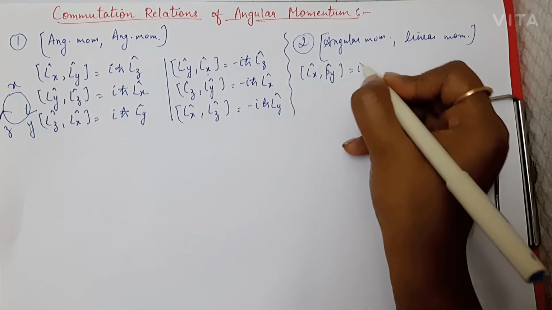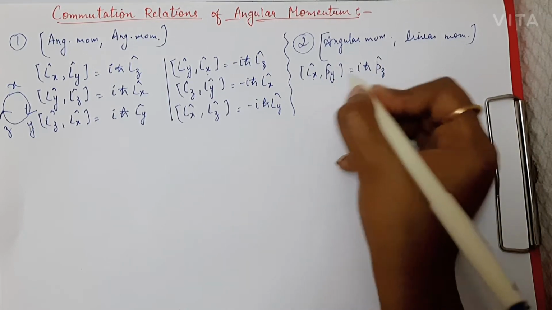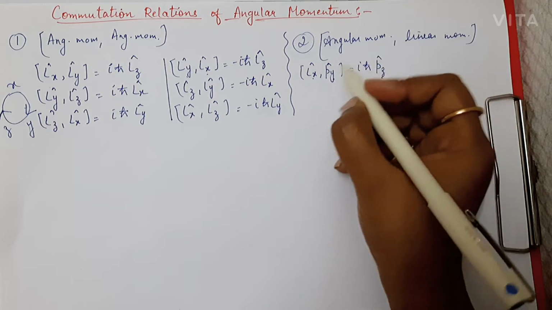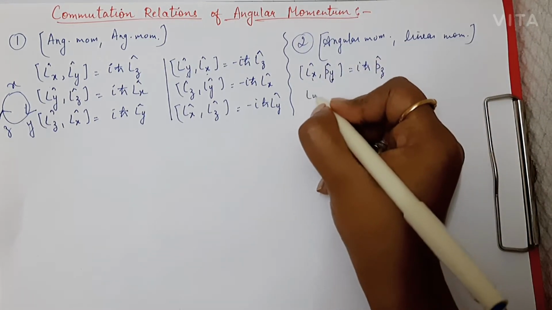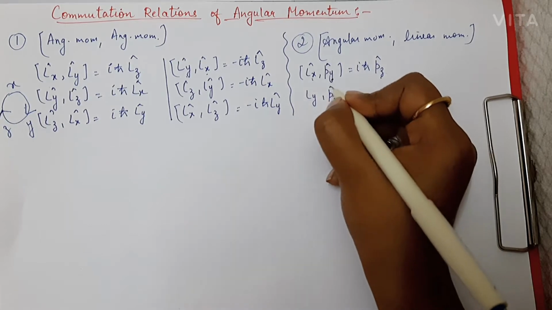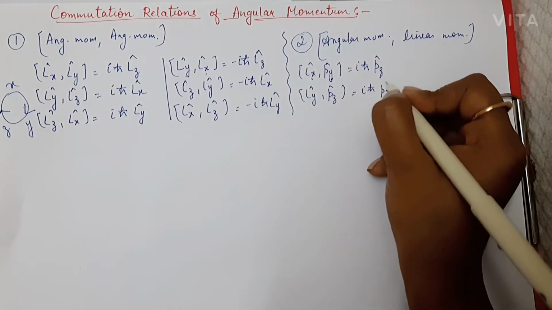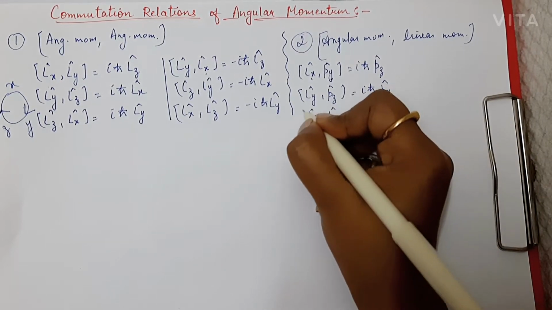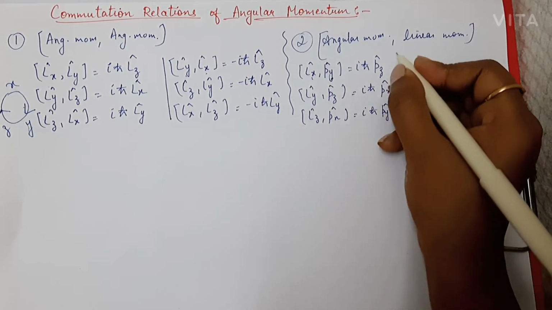You will have iota h cross Pz. X, y is used up, so it will be z. This way you can learn. So this is again going clockwise from x to y. Right? Now Ly Pz will be iota h cross Px, and Lz Px will be iota h cross Py.